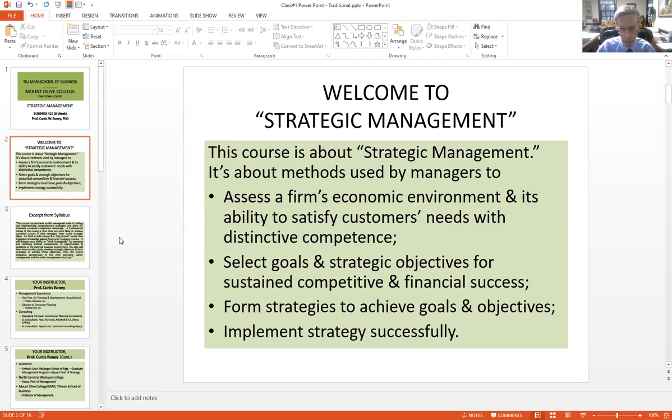But the course is about strategic management and how managers do the things that are summarized on this slide, taking a look at the firm's economic environment, as well as the marketing conditions and industry structure, and assessing them so that it's possible to form strategy and to, just as importantly, array the firm's resources and capabilities to exploit the external environment in order to satisfy customers' needs.